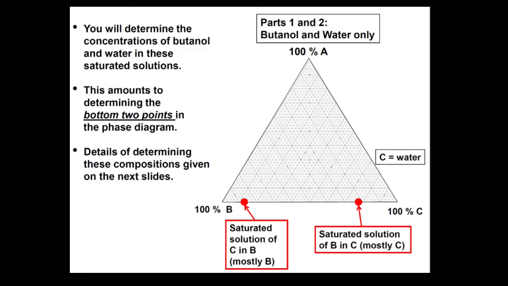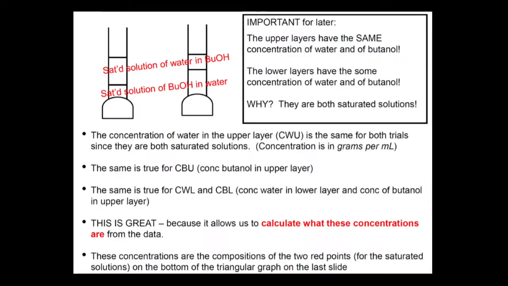And the other one, on the C end of the curve, was for the bottom layer, the saturated solution of butanol in water. It's a bit of a long story how you can use that data to get those two compositions, but I'll try to go through it pretty swiftly on the next couple of slides.